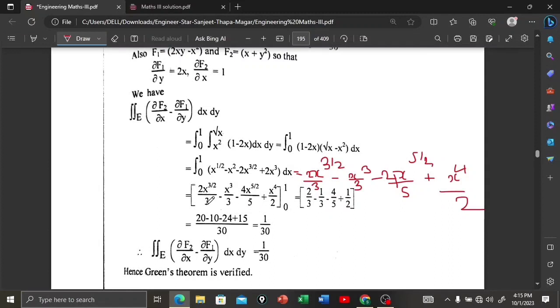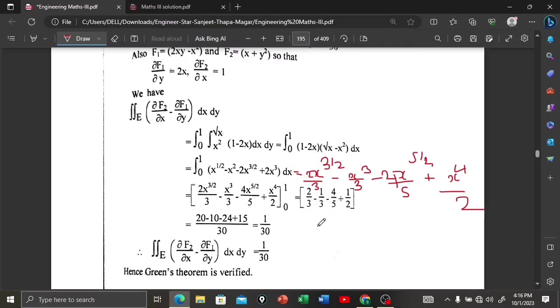So it is 2 by 3 x power 3 by 2 minus x cubed by 3 minus 4 by 5 x power 5 by 2 plus x power 4 by 2, from 0 to 1. Plugging the upper limit, it is 2 by 3 minus 1 by 3 minus 4 by 5 plus 1 by 2, and the lower limit has all x, so all 0.